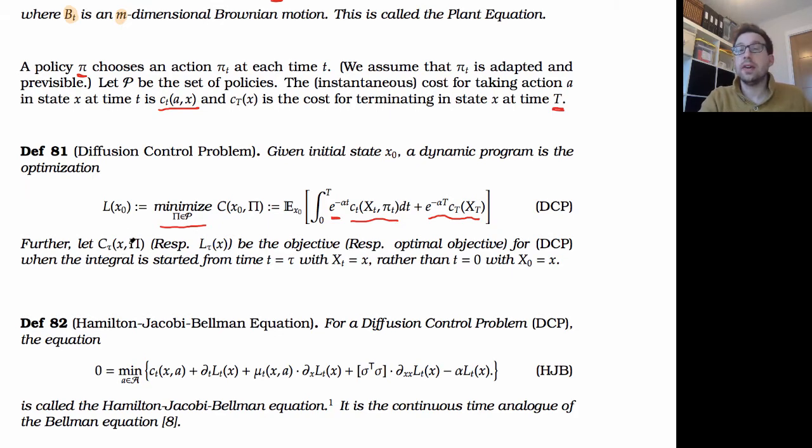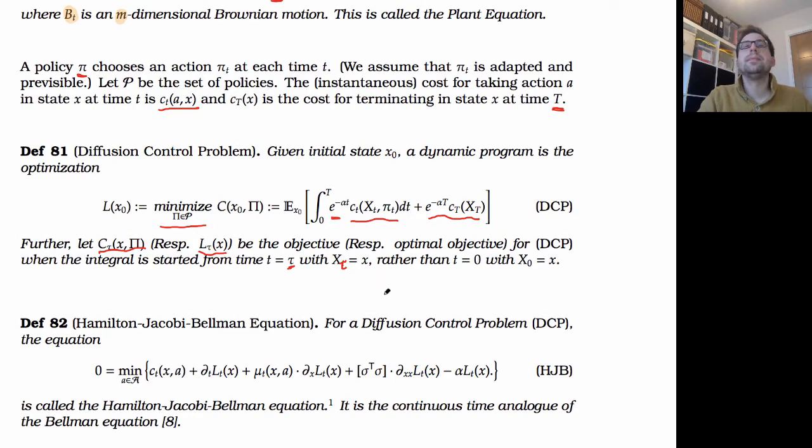Then we're further going to define, a little bit like before, C_tau(x, pi) and respectively L_tau(pi), corresponding to the optimal solution, to be the objective that we reach from this diffusion control problem, but where the integral, rather than starting at time 0, is started at some different time tau, and at time tau we let this be equal to x. Slight typo, that should be tau.